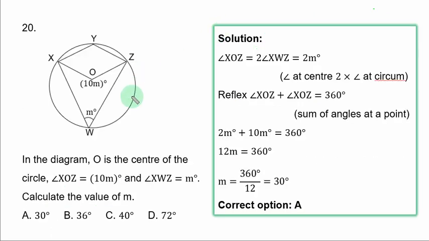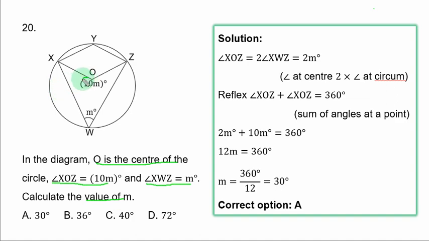Question 20. In the diagram, O is the center of the circle. Angle SOZ is 10m degrees. Angle SWZ is m degrees. Find or calculate the value of m. We can do that in this way.